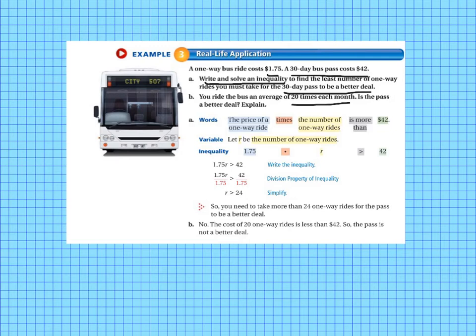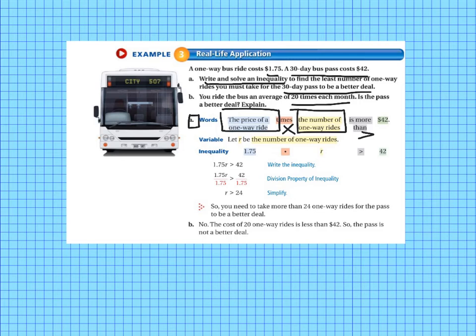So let's start with A. So the words, the price of a one-way ride is one thing that we have to consider. And we're going to multiply that by the number of one-way rides that we take. And that has to be more than $42 in order to make this pass a better deal.